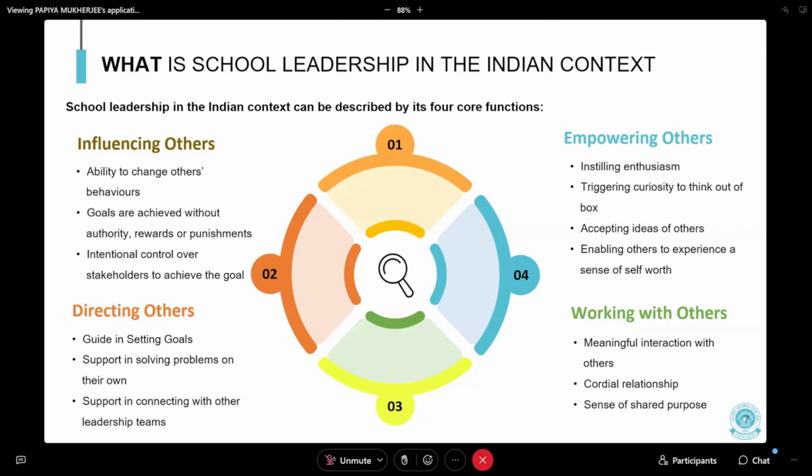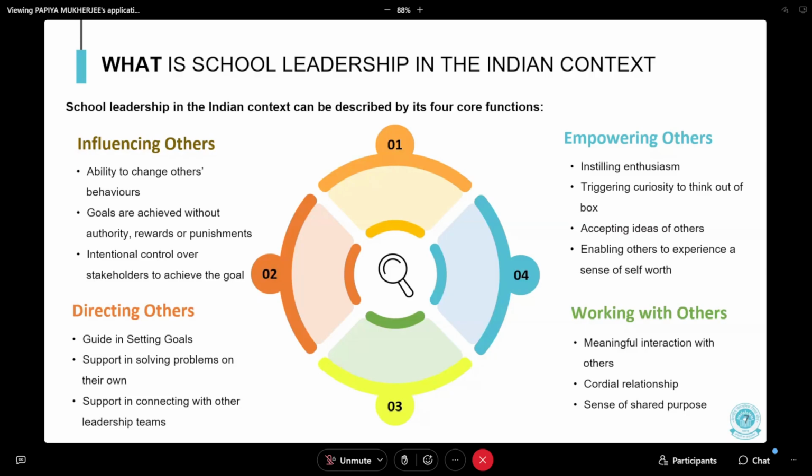Now, when you influence others, if you are a good influencer, you will have the ability to change others' behavior. You can help them achieve goals without any authority, rewards, or punishments. You can bring about the desired changes in all the stakeholders that you come across, to achieve the desired goal.